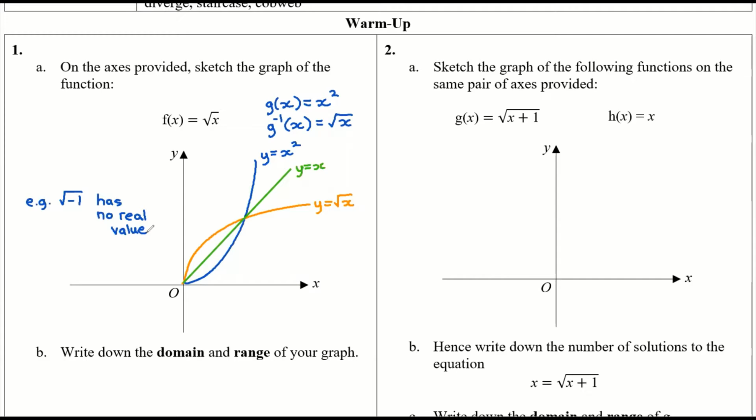Okay, so now we can write down the domain and the range. Because we can't sub in any negative numbers, our domain is limited to just the positive x values, including 0.